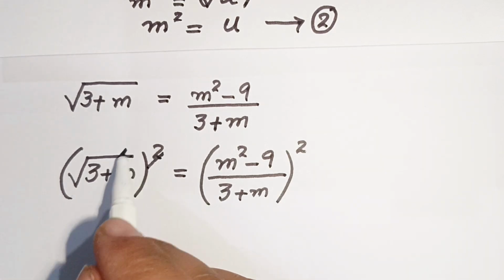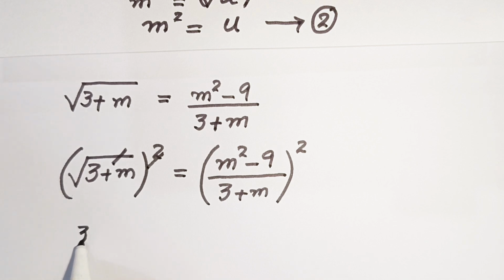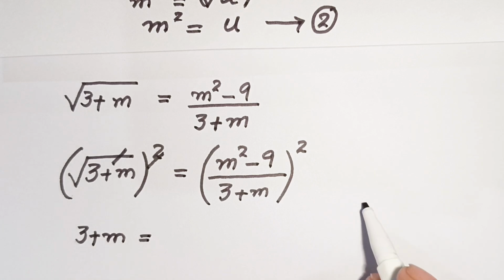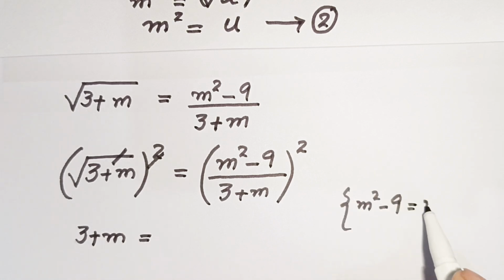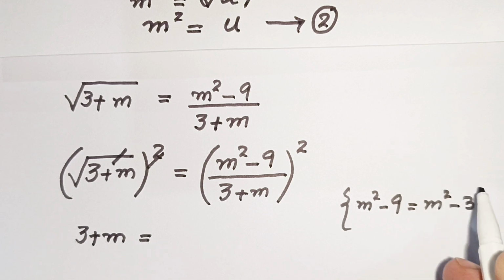Here this square can be cancelled out with the square root. We have 3 plus m is equal to, here we see that this m squared minus 9 can be written as m squared minus 3 squared.